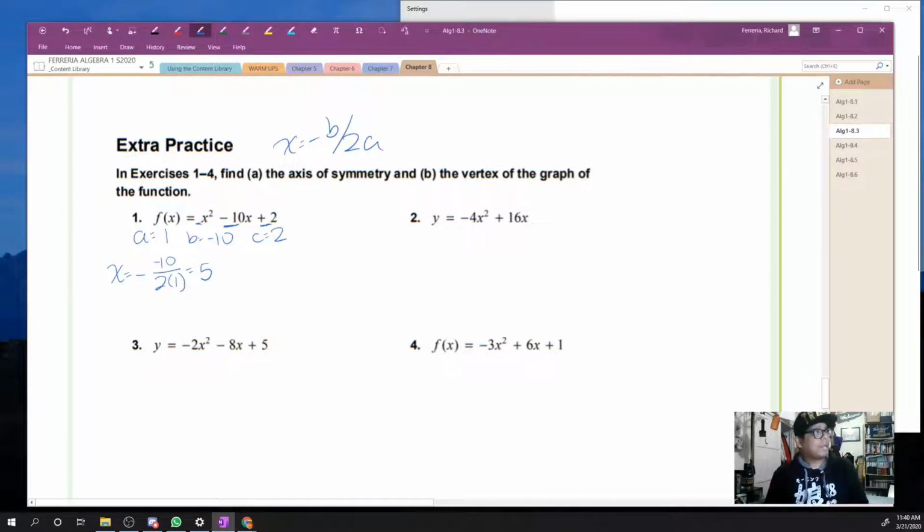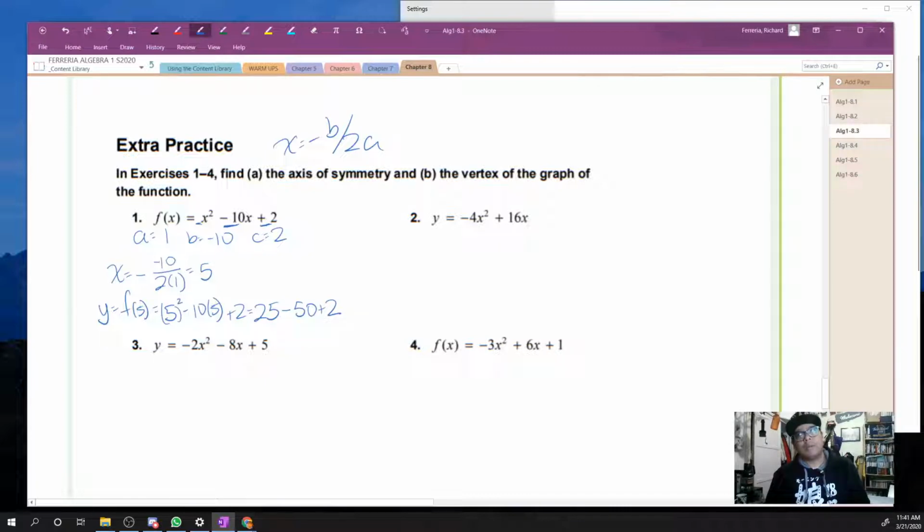Next, let's find the y-coordinate of the vertex. That's going to be f of 5. So that is 5 squared minus 10 times 5 plus 2, which is equal to, let's see, 5 times 5 is 25. 5 times 10 is 50 plus 2.